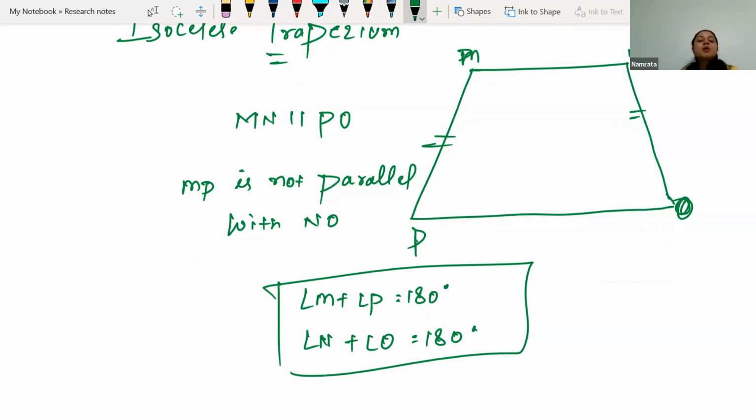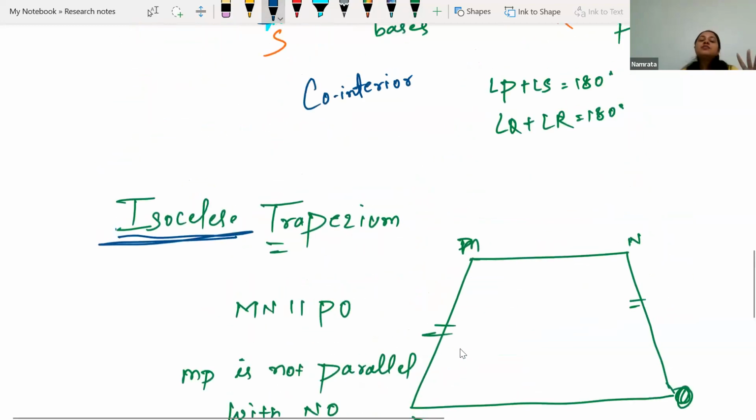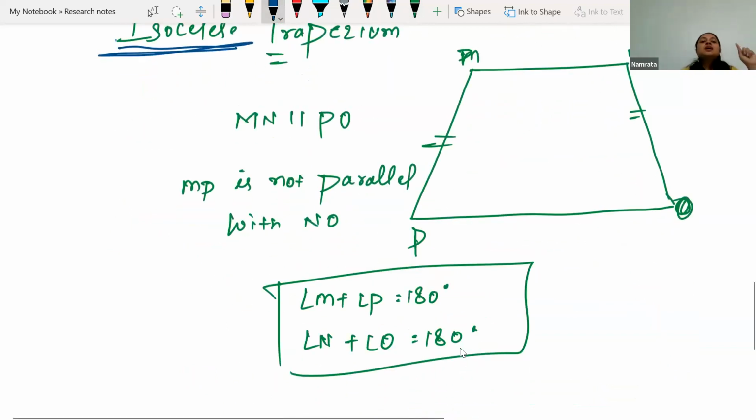Now, what is the extra property of the isosceles trapezium? As the name says, isosceles. An isosceles triangle has two equal sides. So here also there must be two equal sides, because the name is saying isosceles. Here the non-parallel sides will be equal to each other.